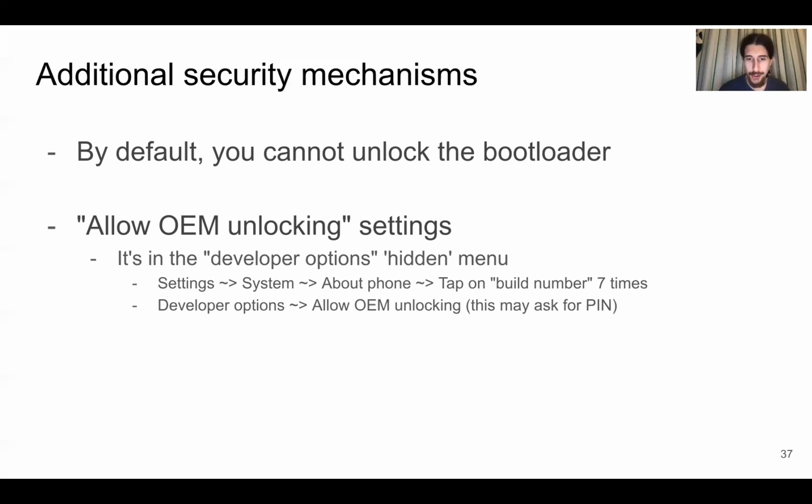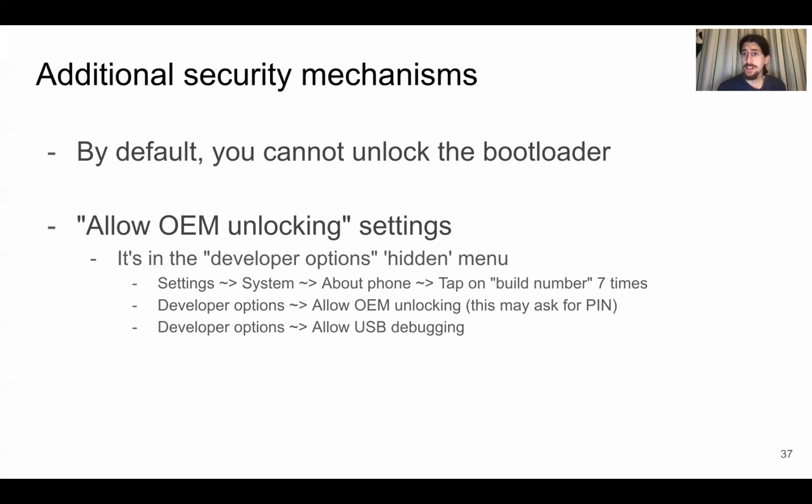And there is also allow OEM unlocking. Sometimes I think they ask you again for your PIN to make sure that it is actually the real user of the phone that is trying to do the OEM unlock. And then after this, you can basically do what I said before. You reboot the phone in fastboot mode, and then you do fastboot flash and so forth. Okay.